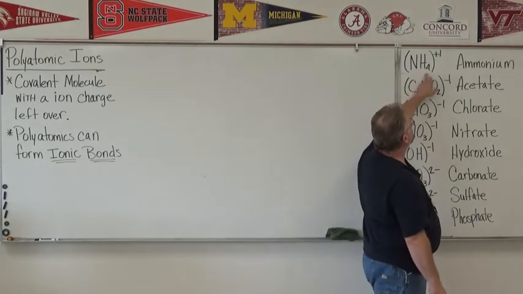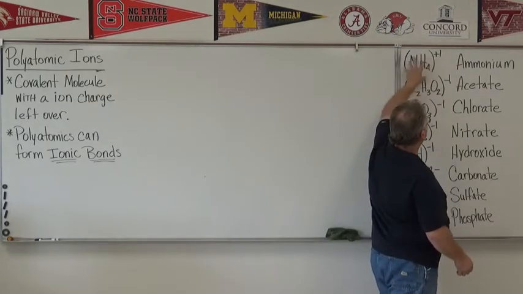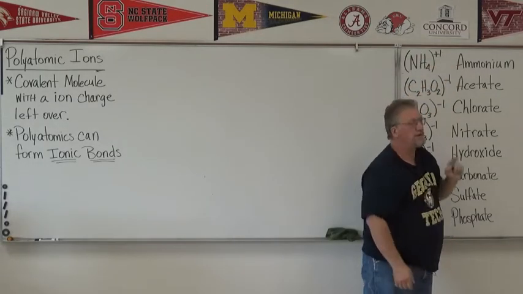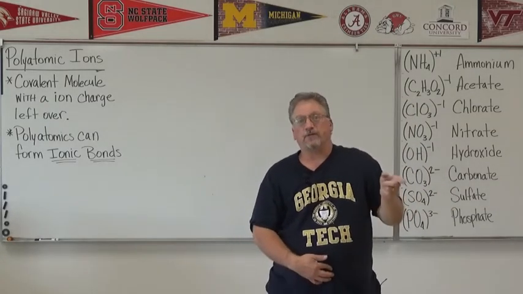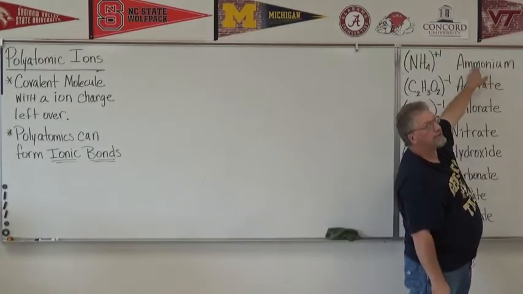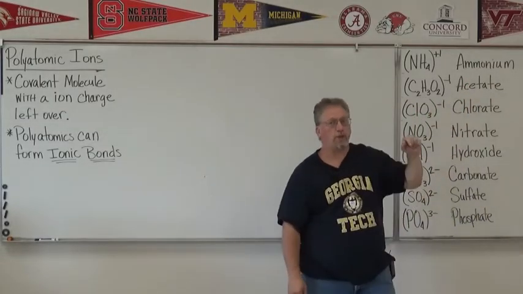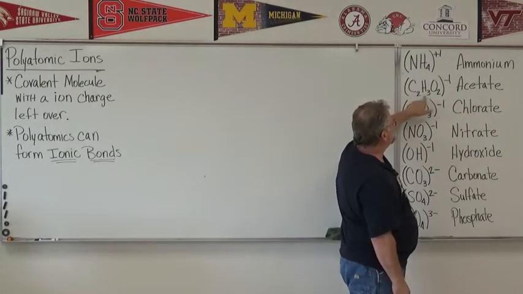The NH4, when these all come together after the reaction, this whole molecule has a +1 charge. That means it's got one more proton than it has electrons left over. They call that ammonium. Then this one right here, C2H3O2.